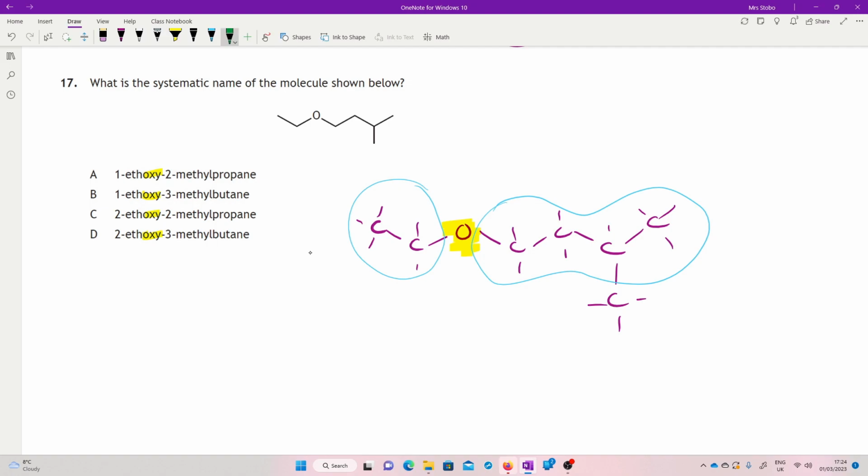And then you just need to number things properly. We want our main chain, the ethoxy is the bit that wins. So we've got 1, 2, 3, 4 on this one. So we've got one ethoxy, and we've got a methyl group at number 3. So 1-ethoxy-3-methylbutane.